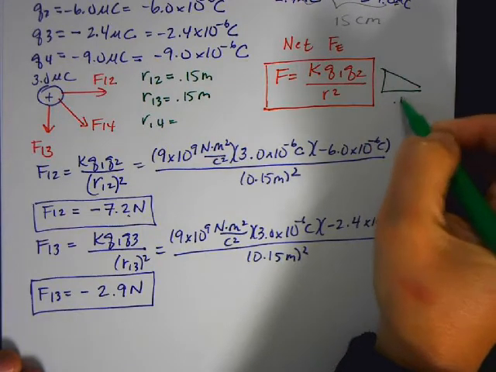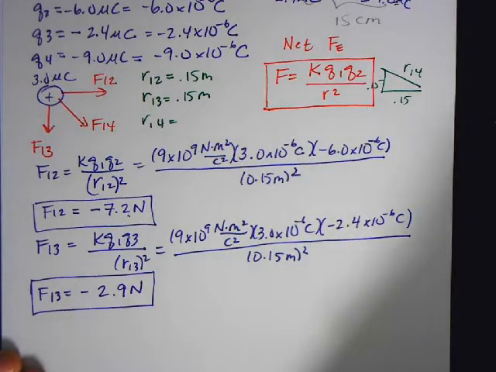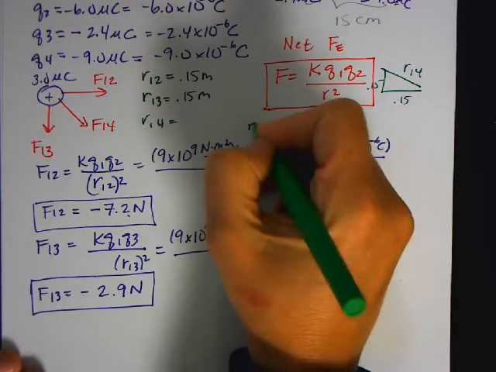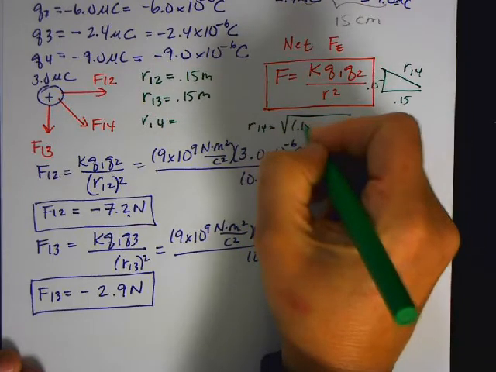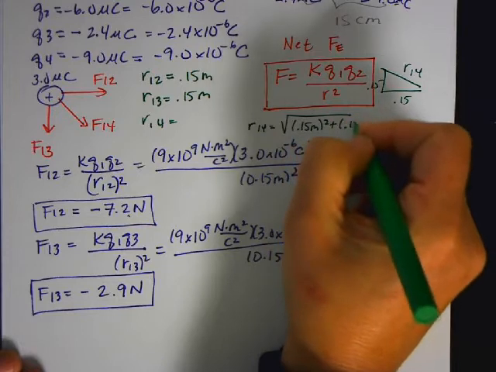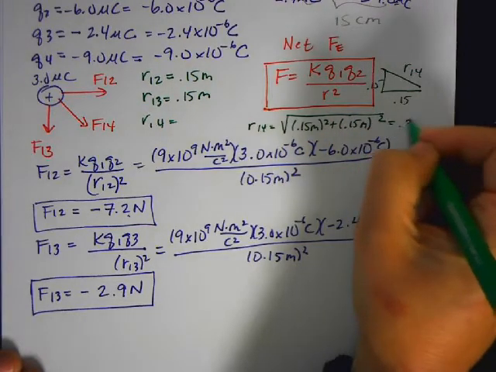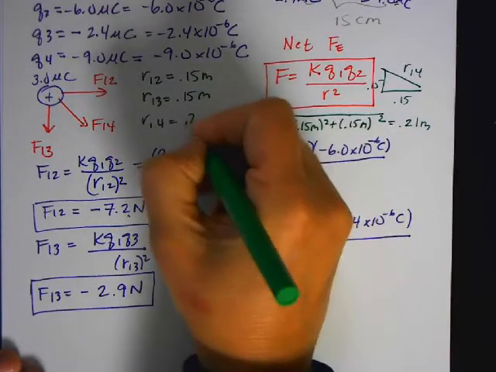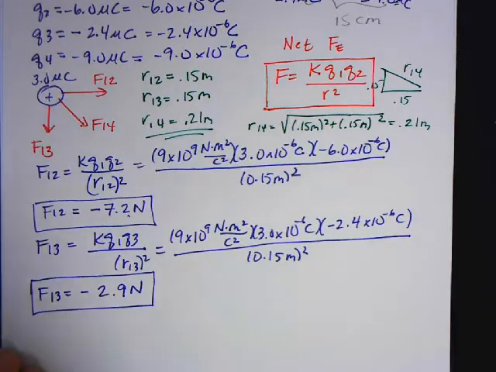This is 0.15, 0.15, so R14 is going to be the hypotenuse, so I would use the Pythagorean theorem and say R14 is the square root of 0.15 meters squared plus 0.15 meters squared. So R14 comes out to be 0.21. The math isn't difficult on this, it's just tedious because we have 4 charges.